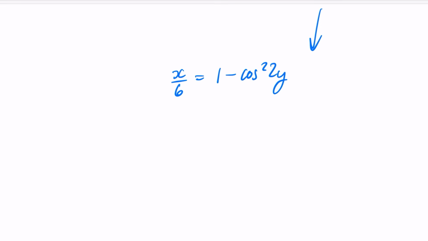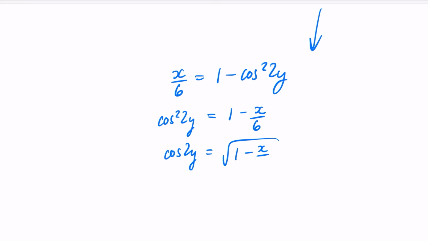So I'll do a little bit of rearranging. I'm going to put the cos squared 2y onto the left-hand side, and I'll put the x over 6 onto the right-hand side so that it looks like this. So I've done that rearranging, which now means I can square root it to find that cos 2y is the square root of 1 minus x over 6. That is the blue part that I was looking for.